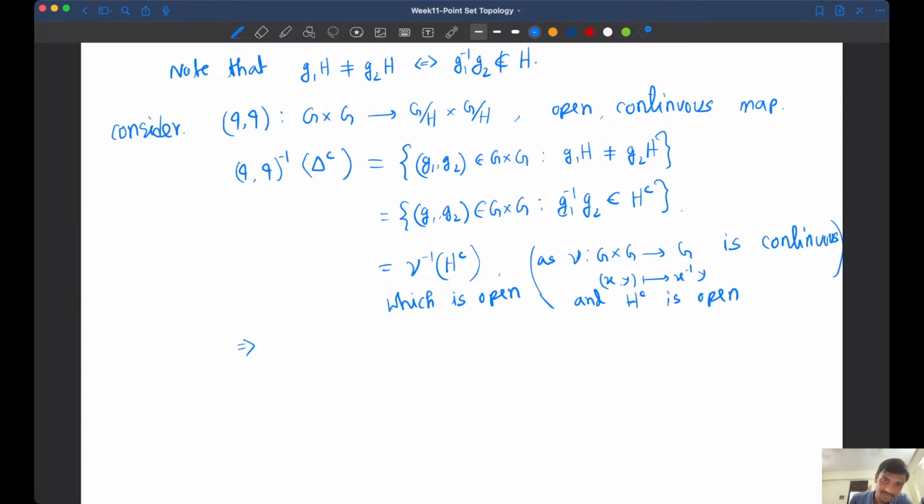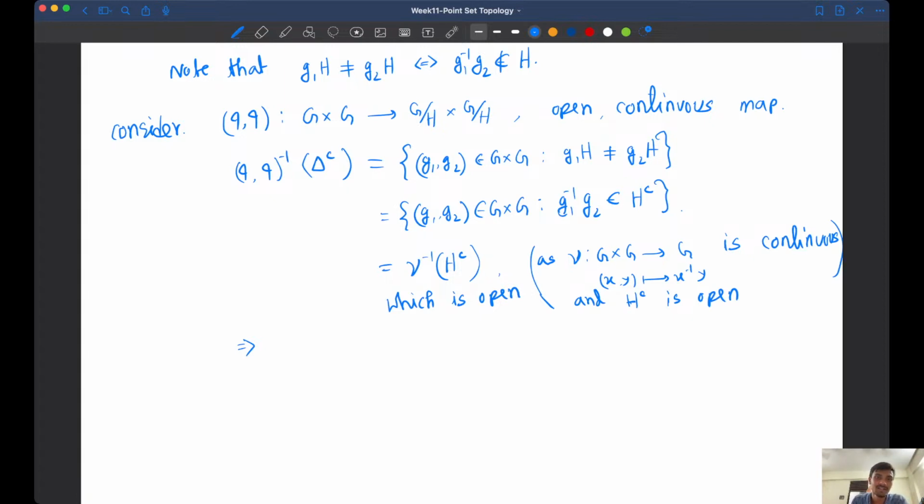Inverse image, yes, the inverse set is open. So in this case it is not the quotient topology, right? Okay, fine, but anyway I just wanted to use this openness here.